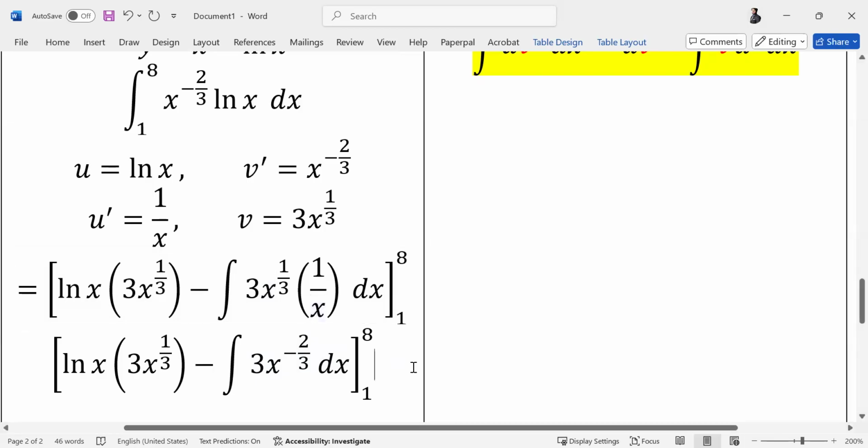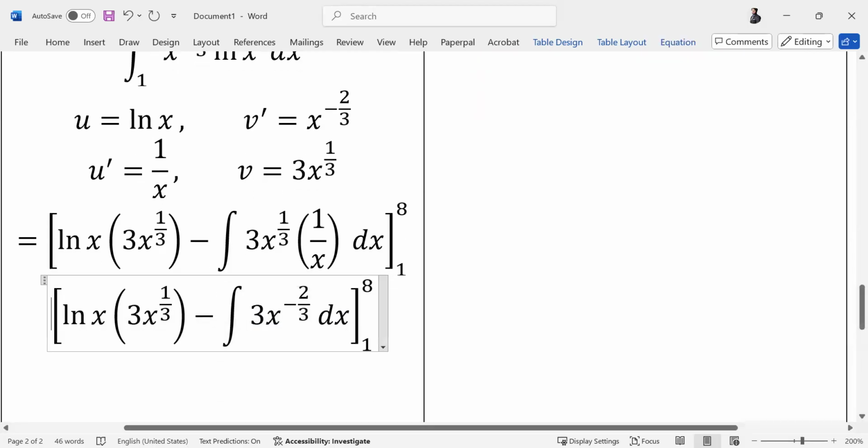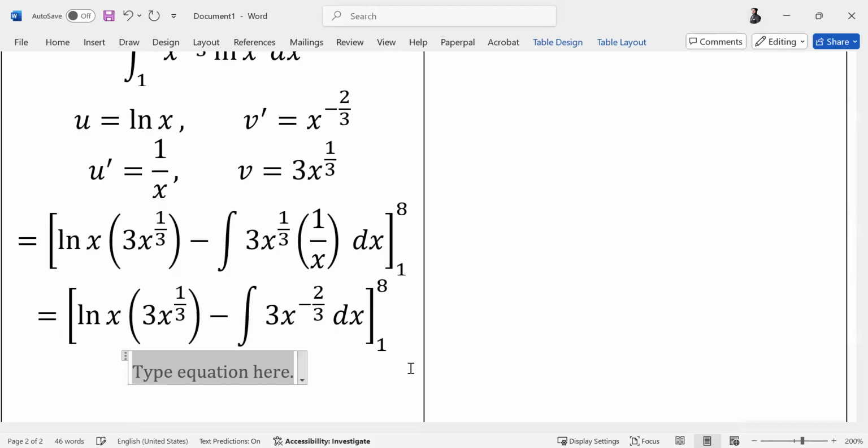Remember, you're still not done with integration. There's still something that needs to be integrated. What will be the integral of this? Do it, tell me, please do it. I'm writing it in a different way now.